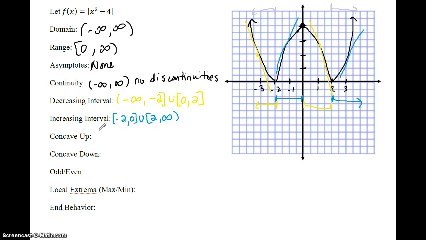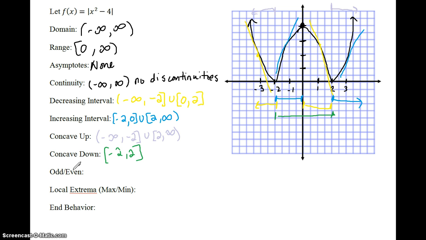So it's concave up from negative infinity to negative 2, and from 2 to infinity. Then it's concave down all inside. So it's concave down from negative 2 all the way to 2. So we're going to go negative 2 to positive 2.